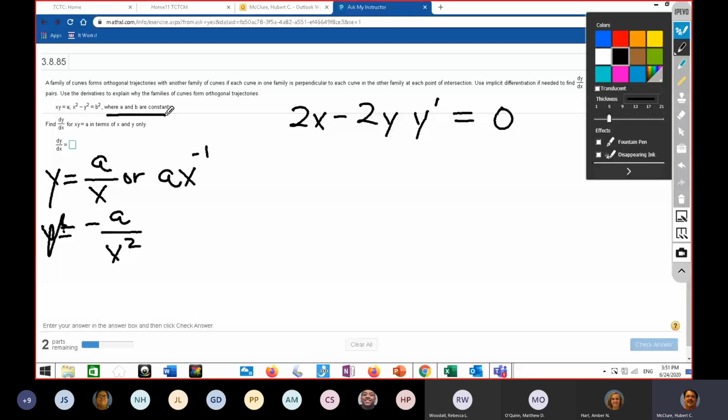So that's going to give you y prime is equal to, it should be x over y. Yep.